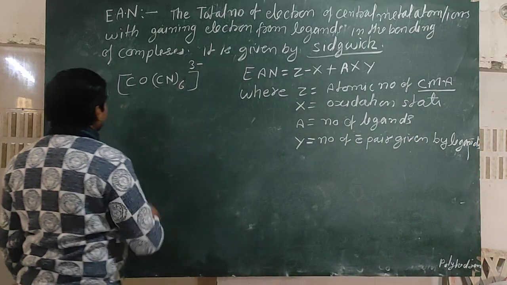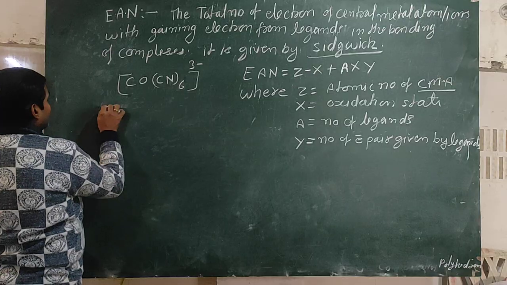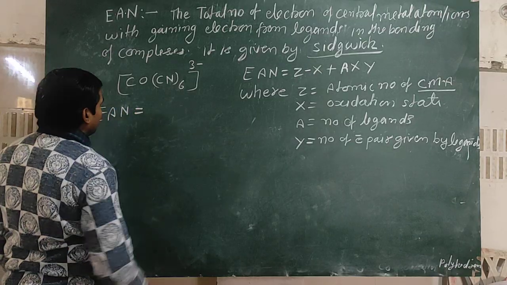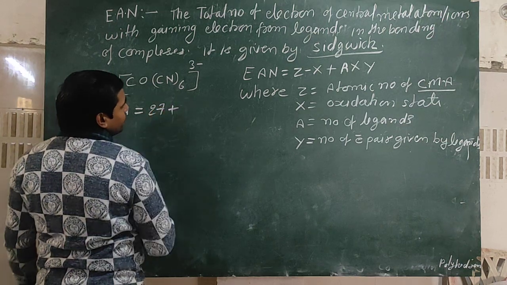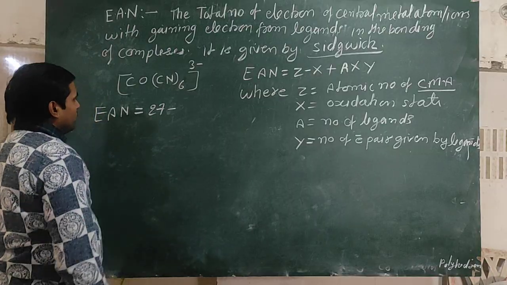In this complex, the atomic number of cobalt is 27.